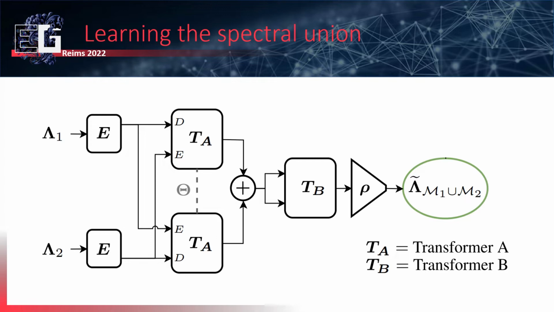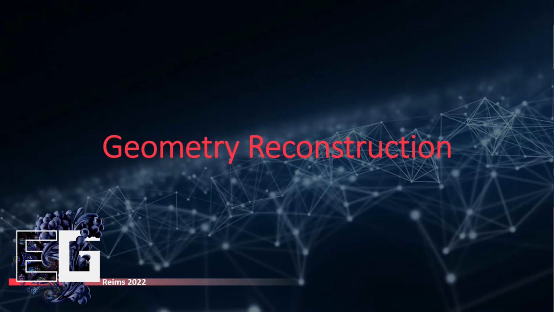In other words, we are rephrasing the problem of the union of shapes as making the sum of the embeddings of their eigenvalues. Then, during training, the loss is just the mean squared error between the approximation of the union eigenvalues and the ground truth eigenvalues.